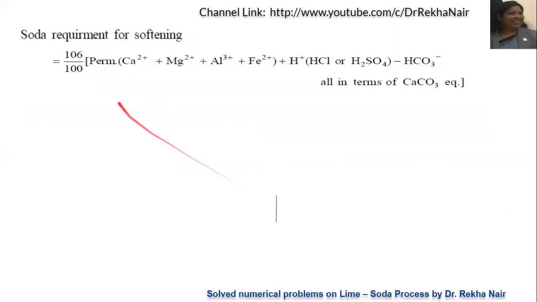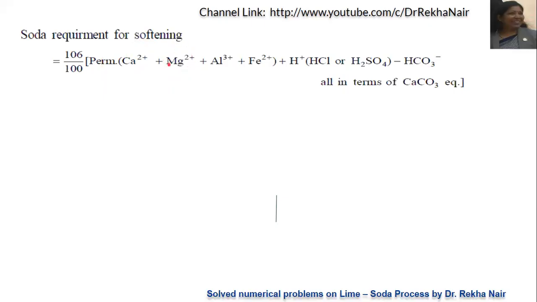Now let us calculate the soda requirement for the softening. The formula is 106 upon 100. There is no temporary calcium or magnesium in the soda requirement. There is only permanent calcium, which was not present in the lime requirement.